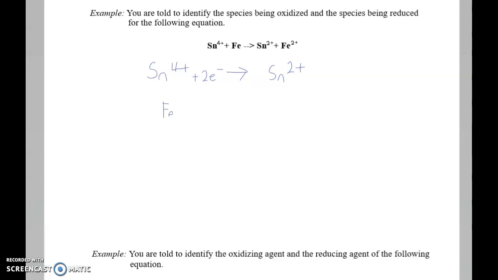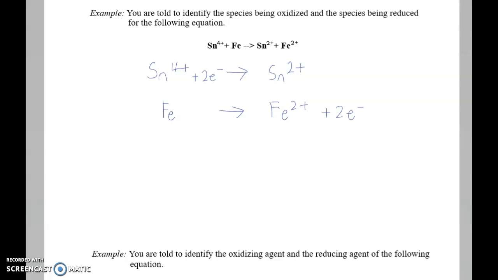And then you have iron, which becomes iron 2 plus. And iron becomes more positive, has a more positive charge. So that means iron has lost electrons. Or in this case, 2 electrons have been lost.